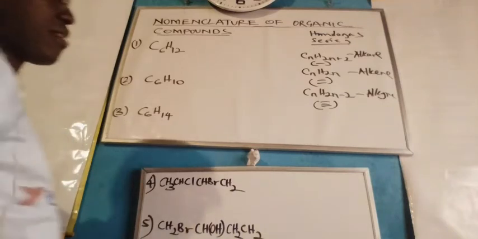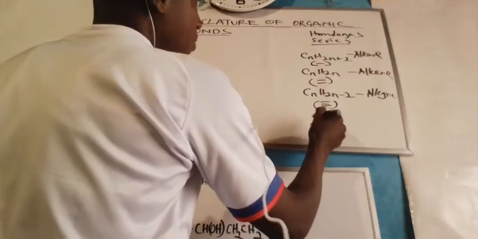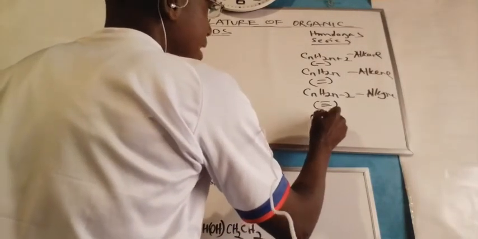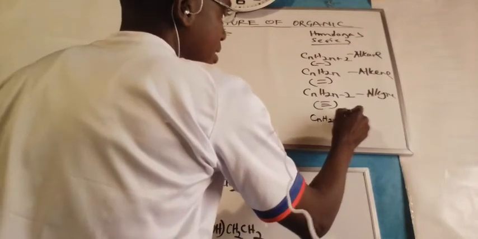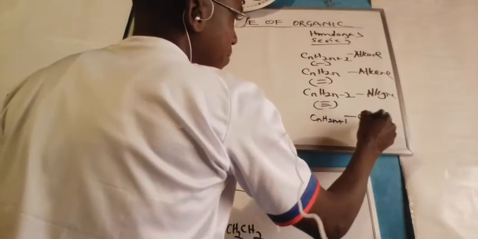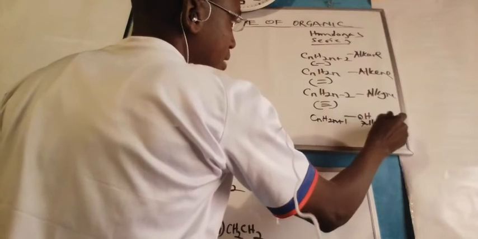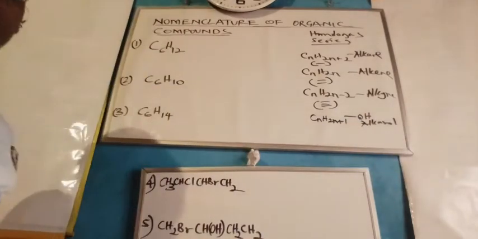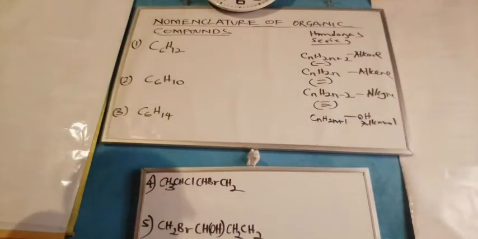Beyond this, there are two other families which can guide us. When you have an organic compound of the formula CnH2n+1 joined to OH, it represents an alkanol. Therefore, the identity of alkanols is just an OH carried by an alkyl species.